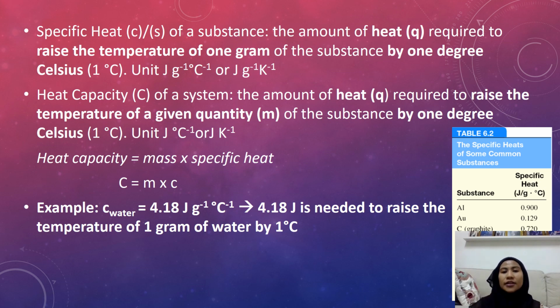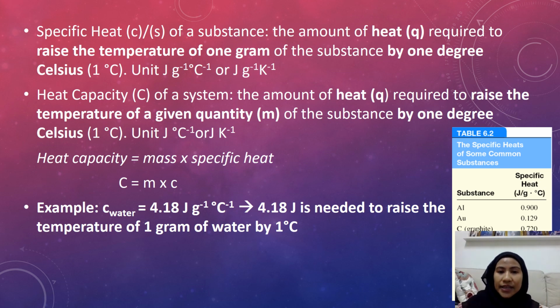Please don't get confused between specific heat and heat capacity, since specific heat tells the amount of heat to raise 1 gram of substance, and heat capacity tells us the amount of heat required to raise the temperature of a given quantity of the substance by 1 degree Celsius.